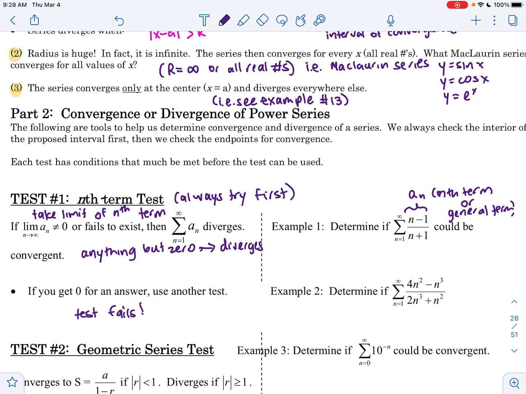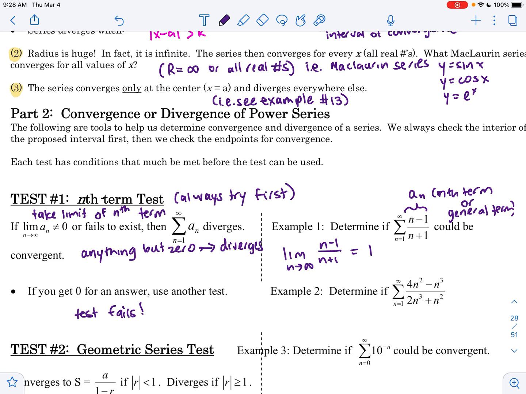So what we're going to do is take the limit as n goes to infinity of the expression that you see for your nth term, and we see that the n over n has a ratio of 1. So the answer to that limit question, so we view that as a limit question, is 1.